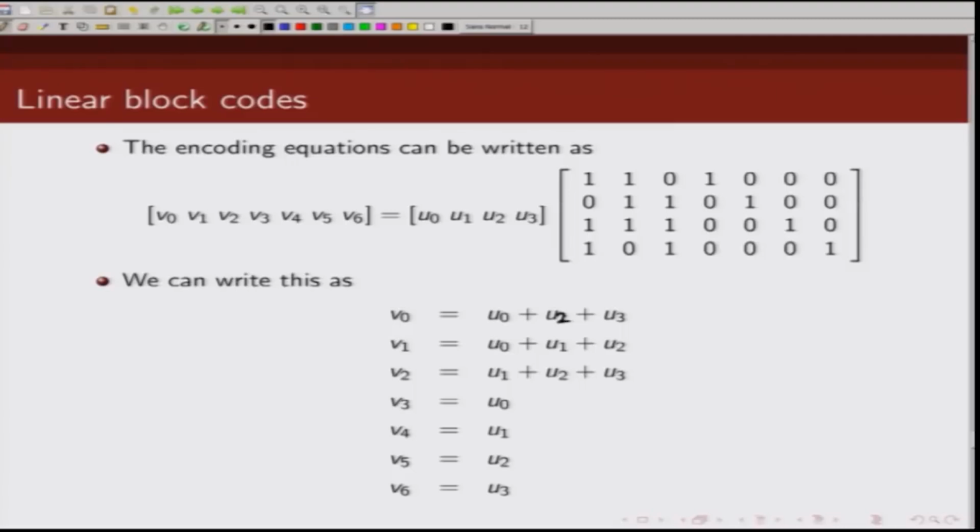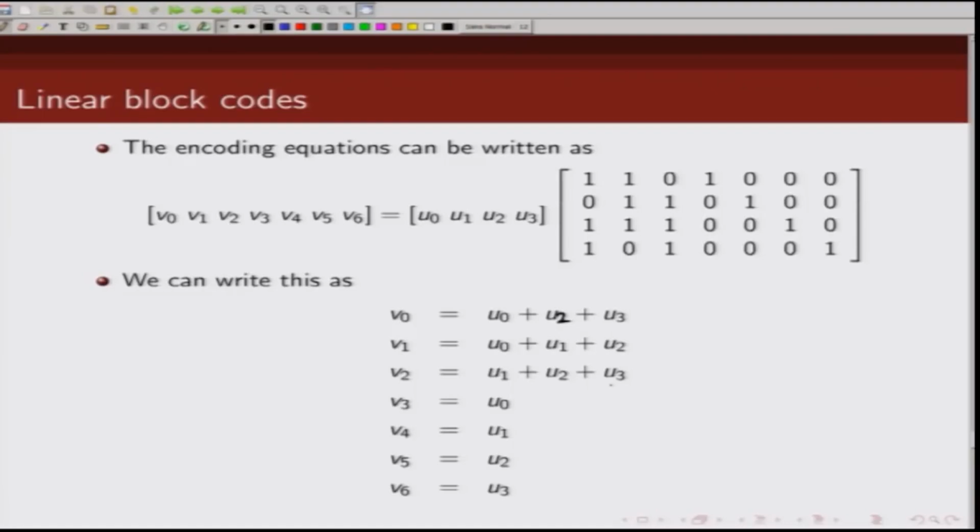So, this V0 is given by U0 plus U2 plus U3. Similarly, V1 is given by U0 plus U1 plus U2. V2 is given by U0 into 0, U1 into 1, U2 into 1 and U3 into 1. So, V2 is given by U1 plus U2 plus U3. So, that is what I have here.